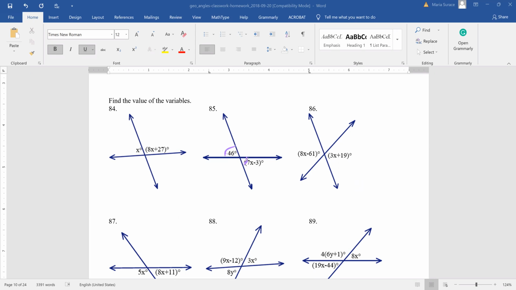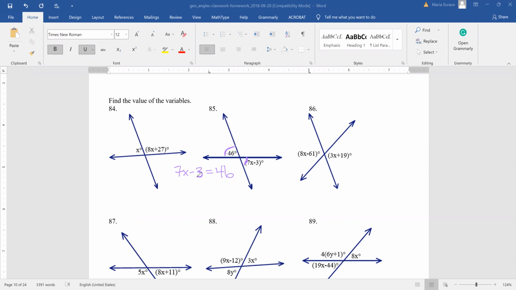These two angles are vertical angles, which means they are equal to each other. So I'm going to set up that 7x minus 3 has to equal 46.